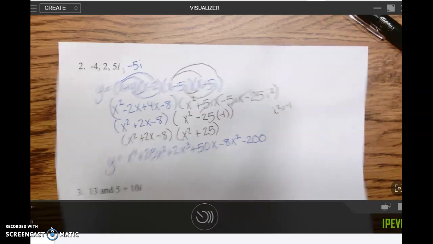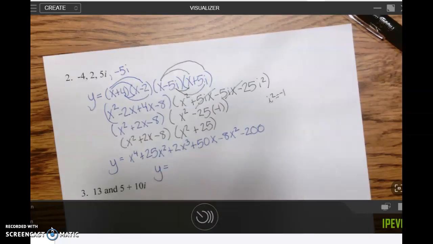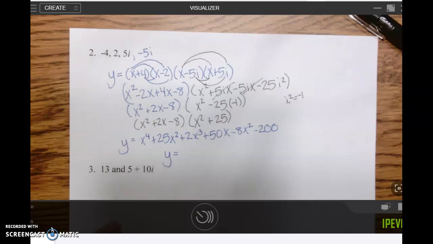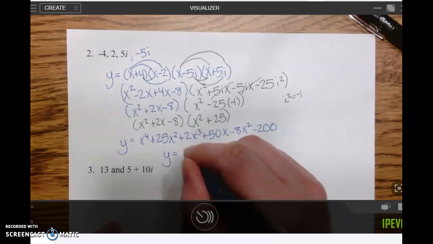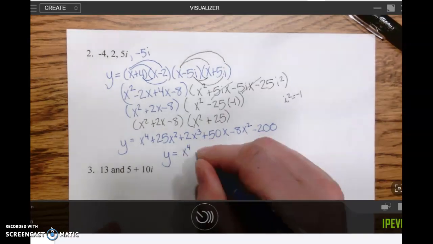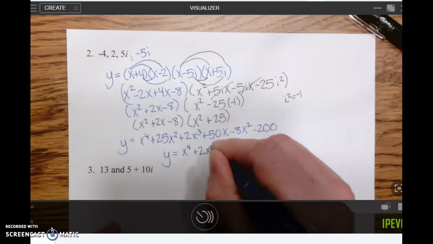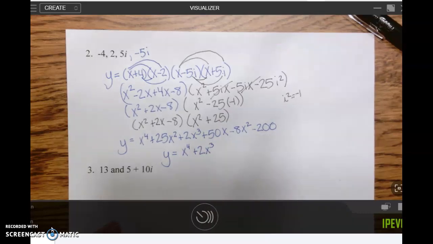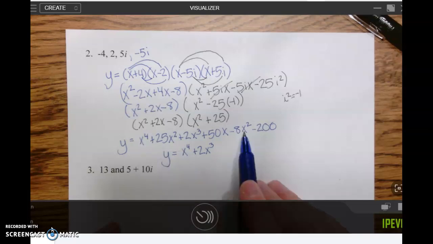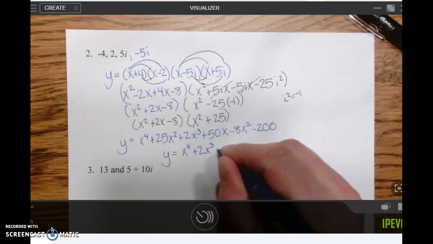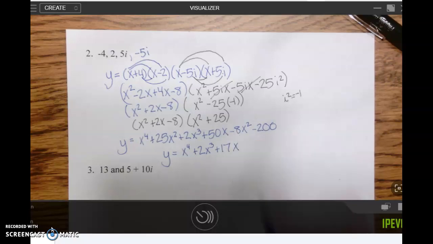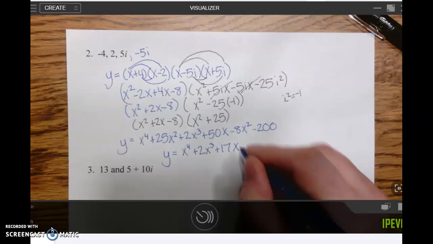And so combining like terms and putting this into the right order, we have y is equal to x to the 4th goes first, 2x to the 3rd goes second. We want our exponents in decreasing order. And then we have 25x squared and negative 8x squared. So 25 take away 8 is going to give you a 17x squared.